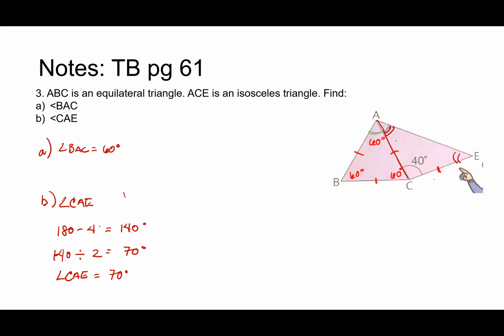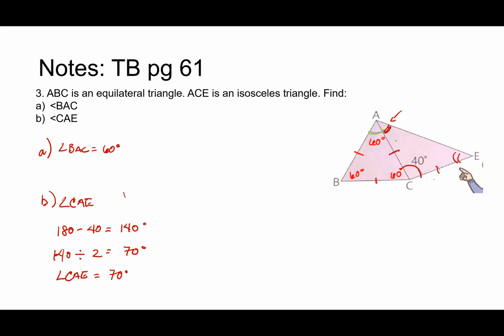So the reason we're dividing by 2, first of all, let's start at the beginning. How many degrees do all of the angles in a triangle add up to? 180. So when I'm looking at this angle, I wanted to find this CAE right here, okay? This triangle is an isosceles triangle, and we know that because it's got 2 matching tick marks on its side. So right here and right here, right?